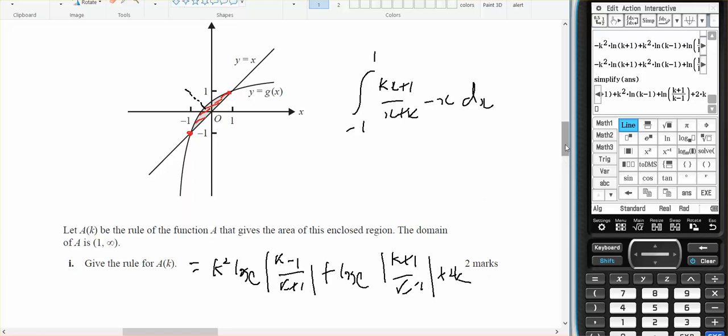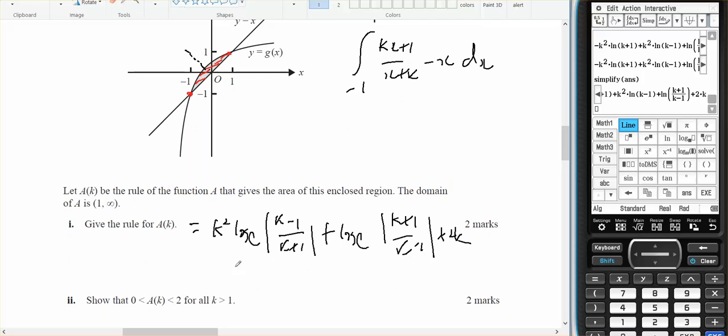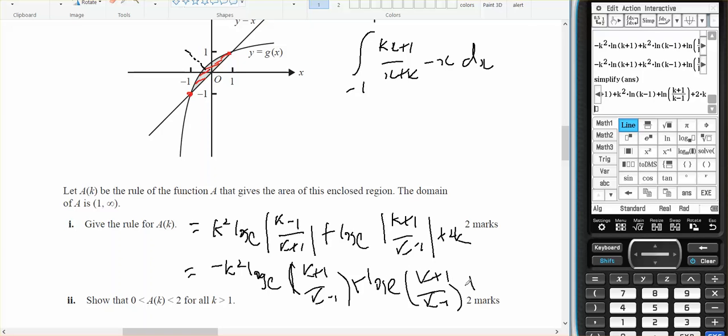These can actually be combined; this can be flipped upside down, and I've got minus k squared log base e of (k plus 1 on top of k minus 1) plus log base e of (k plus 1 on k minus 1) plus 2k.